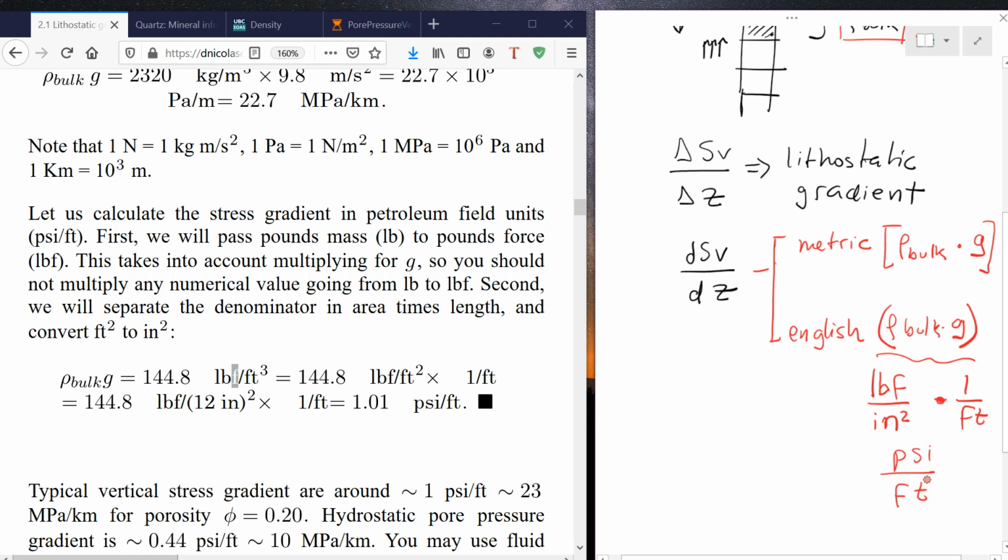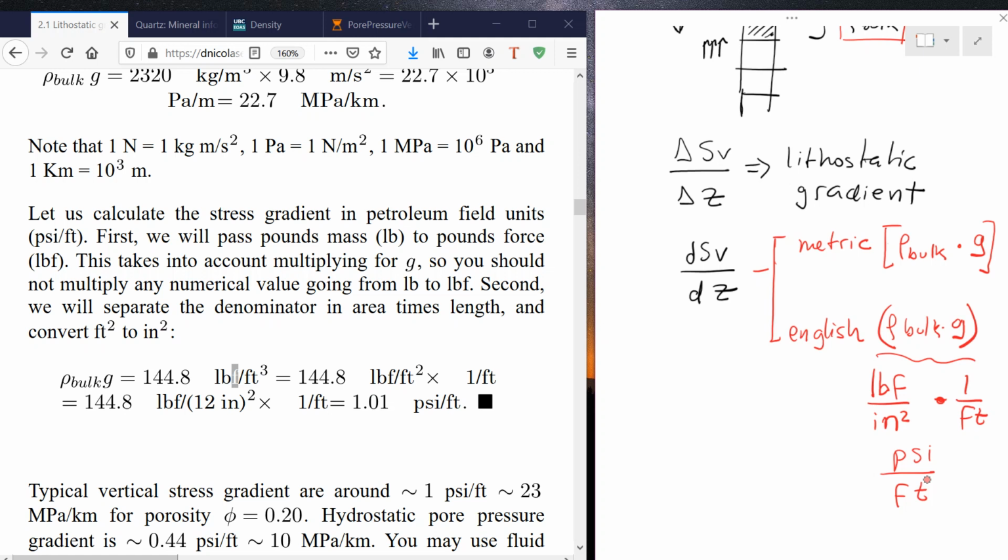Okay, so this might be a little bit confusing, but remember that it's always easier to work with metric units when you are doing unit conversion and then pass that to field units. But if you want to work in field units, remember that in order to calculate these gradients, you do not have to multiply times 9.8, because 9.8 is just for the metric units. Gravity or weight is already accounted for in the pound force term.